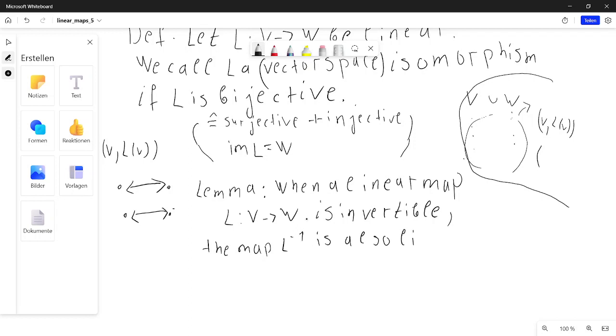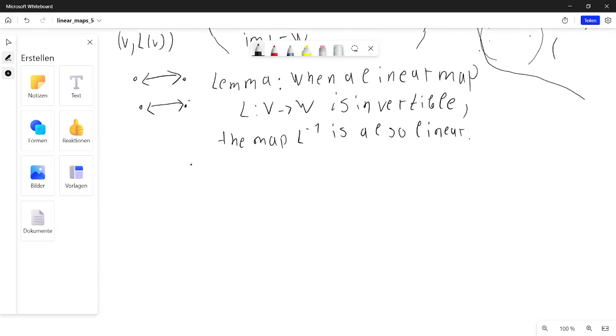How do we prove that? That's actually a nice proof because it gives you some familiarity, some ways of thinking. Proof. This map goes, of course, from W to V. That's the inverse map.